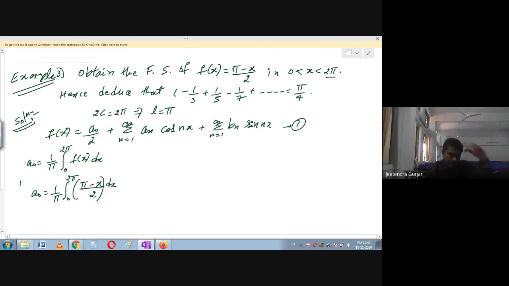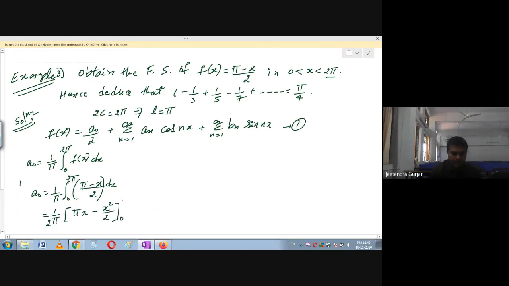I'm going to take this 2 outside. So this integration you can write like this: 1 upon pi, 2 pi, I will take 2 outside, integration of pi minus x. As pi is constant, I will take this as pi x. Integration of a constant is always the constant times x, minus integration of x. Yes, integration of x is x square upon 2.